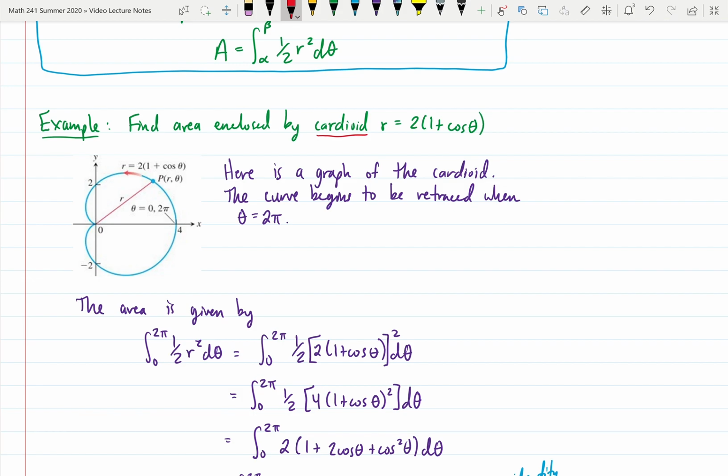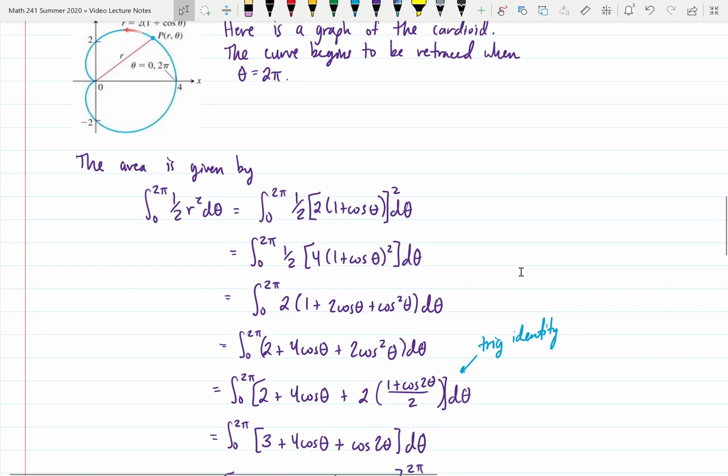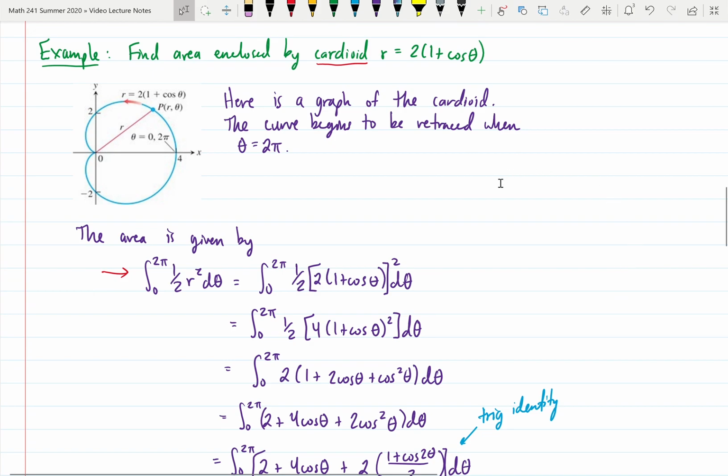So using the theorem above, the area is given by the integral from 0 to 2 pi of 1/2 r squared d theta. And then we can plug in for r using the function given above. So r is equal to 2 times the quantity 1 plus cosine theta.